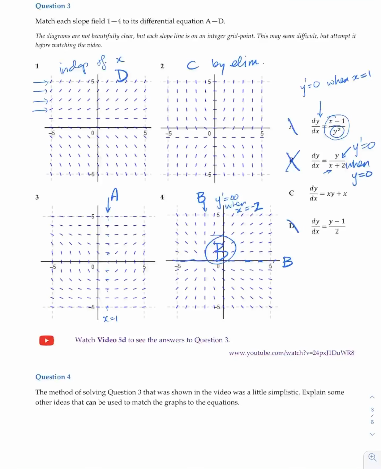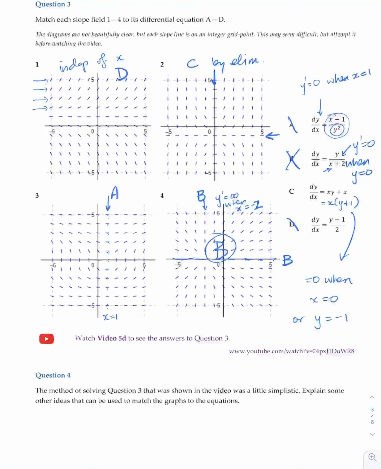But let's have a look at it. In C, it's xy plus x, which is x lots of y plus 1. So this is 0 when x equals 0 or y equals -1. And look at that, when y equals -1, then y dash is 0, and when x is 0, it's okay.